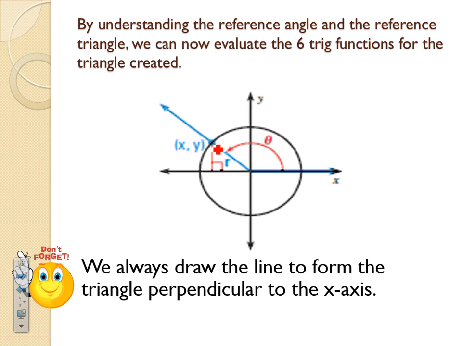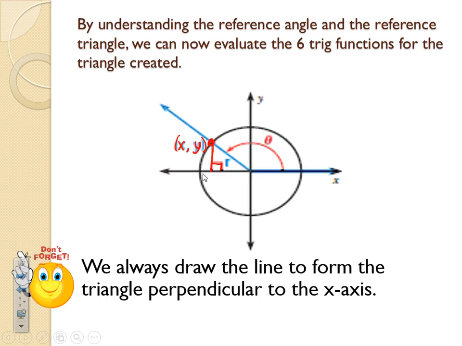Remember, always do the terminal side down to make the perpendicular. Now I can give you an ordered pair, and if I give you the ordered pair, I know certain sides, because if I have horizontal and vertical lines here, then I know those units. And by knowing those units, I can evaluate my 6 trig functions.